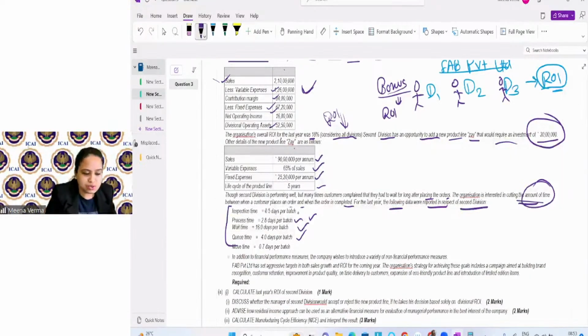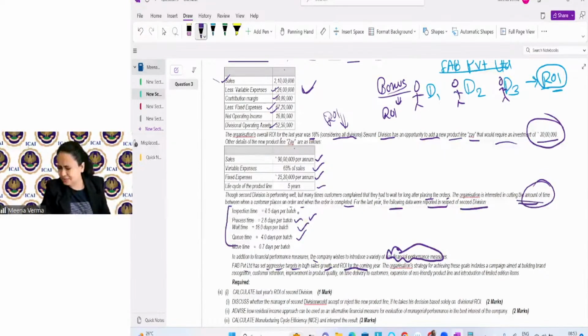In addition to the financial performance measures, the company wishes to introduce non-financial performance measures. So along with the financial measurement, the company is trying to introduce non-financial performance measures also, right? What are these non-financial performance measures? Fab Private Limited has set aggressive targets in both sales growth and return on investment.